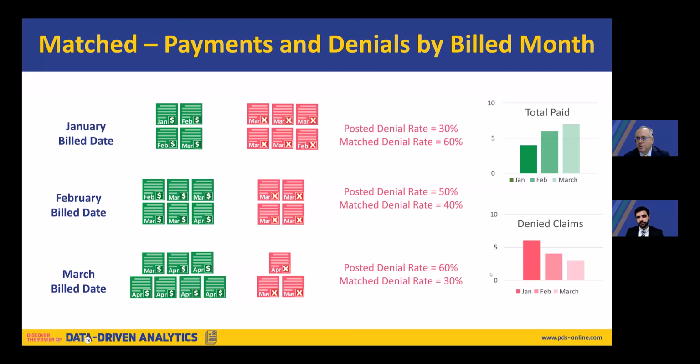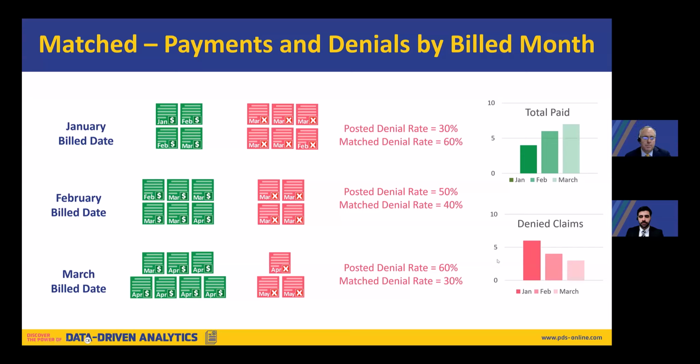Well, better is relative. If I'm in charge of working our open denied claims, and this is how many we have sitting in the open items, our open AR, I need to be looking at things operationally. What's the current open denial rate? But if I'm looking from a management perspective, and we're trying to be data driven and focus on how do we prevent denials, and are our prevention strategies working?